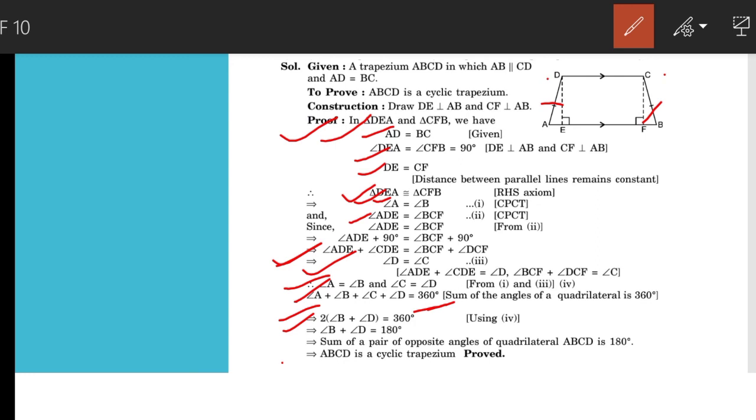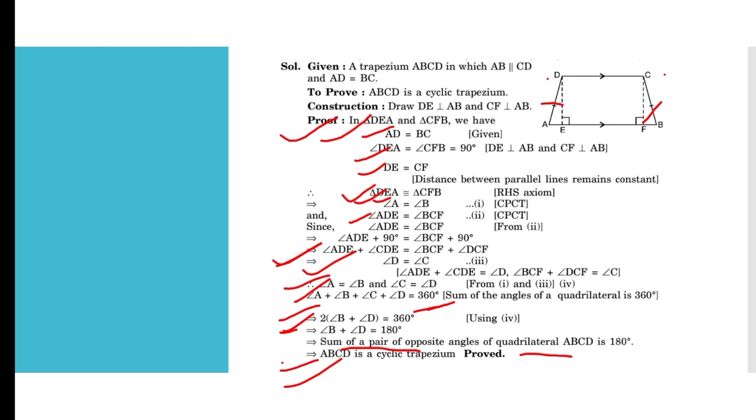Dividing 360 by 2, we get angle B plus angle D is equal to 180, which tells us that if the sum of opposite angles is 180, then the quadrilateral we have been provided with is a cyclic quadrilateral. So here also the sum of a pair of opposite angles of a quadrilateral is 180, which implies that ABCD is a cyclic quadrilateral, and hence since it is a trapezium, a cyclic trapezium. So what was required to prove is achieved.